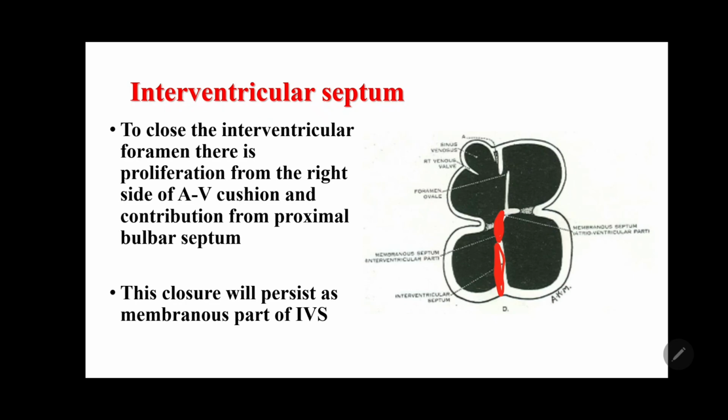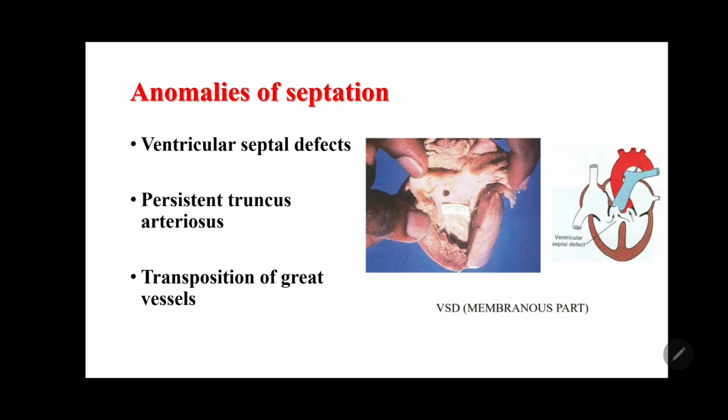But before the formation of the muscular part, there is the interventricular foramen. This interventricular foramen is embryologically essential till the outflow tract is divided, that is, the truncus arteriosus is divided into the pulmonary trunk and aortic sac. Okay. So that is about the development of the interventricular septum.